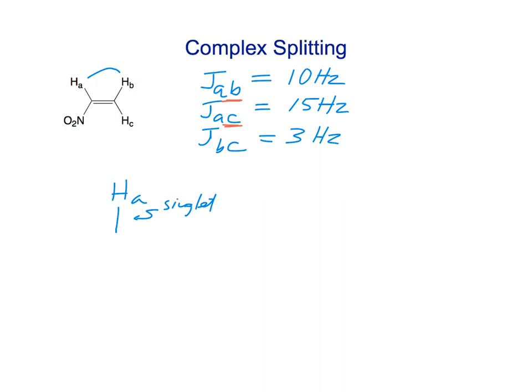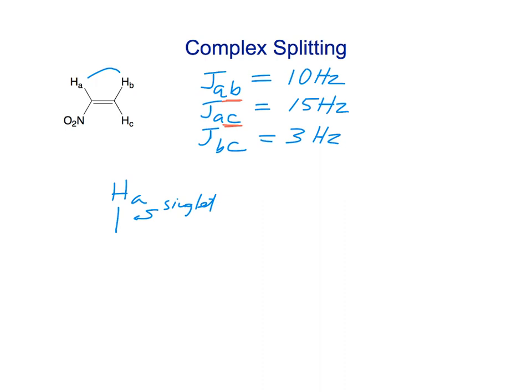So when HA couples to HC, what is HC going to split HA into? What kind of a pattern? Just a doublet, right? There's one proton that's HC, so n plus 1 splits it into a doublet.